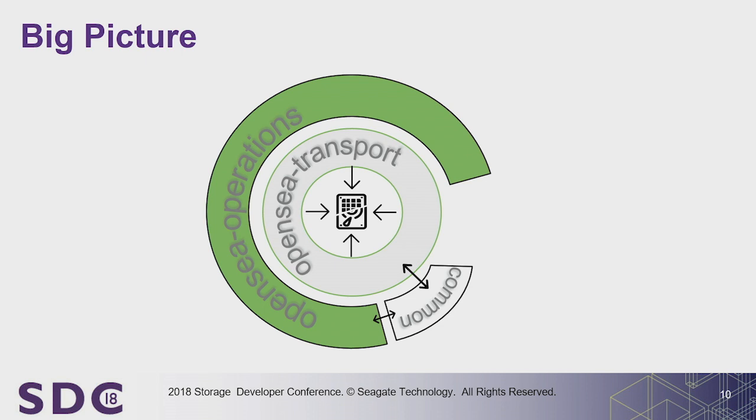But the operations is a little bit more than the transport. The transport has everything that's in a SCSI spec or an ATA spec, and if you look at our OpenSea transport library, you can pretty much match the two together. You can say, you're trying to do a get log extended command, and here is an OpenSea transport function which does the get log extended command.